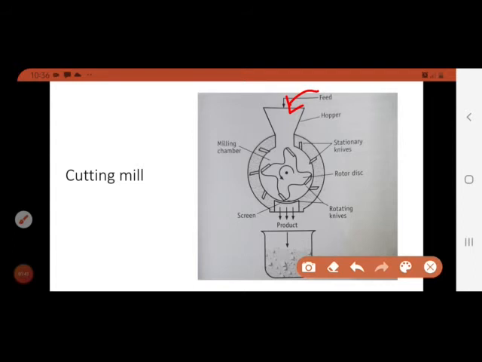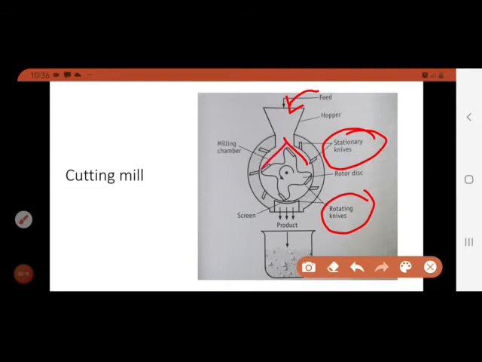The material loaded into the hopper flows down by the force of gravity, during the rotation of the rotating knife, so the material comes very close between the stationary knife and the rotating knife, and cutting takes place.